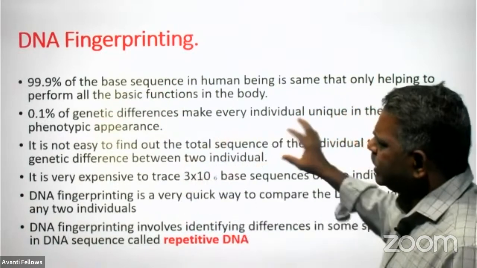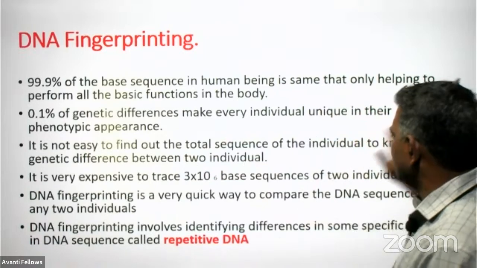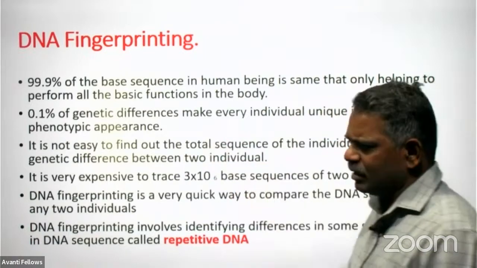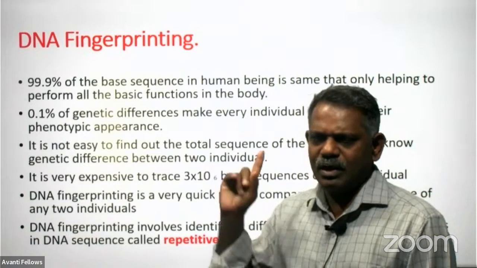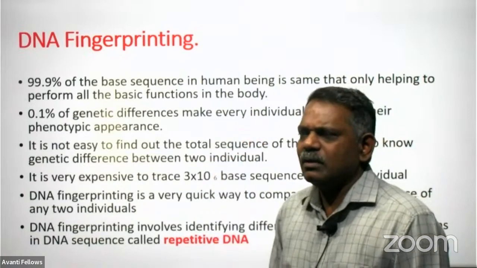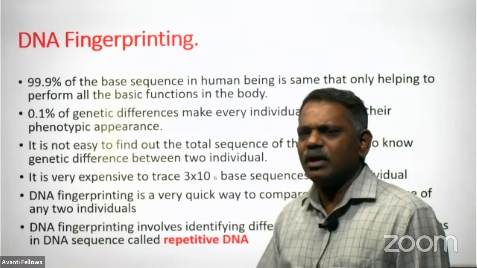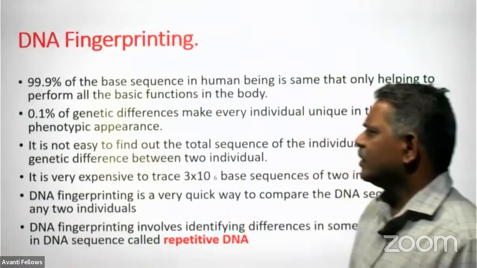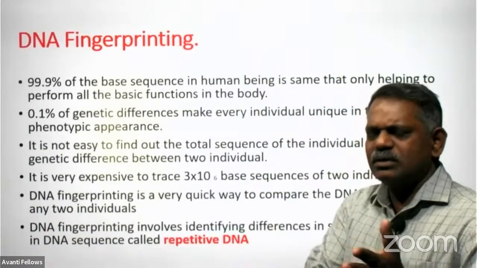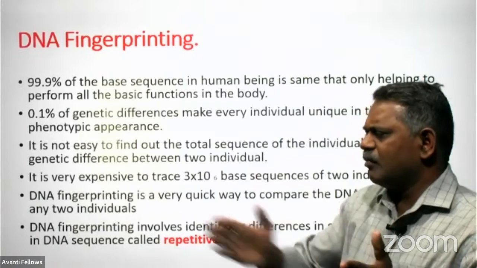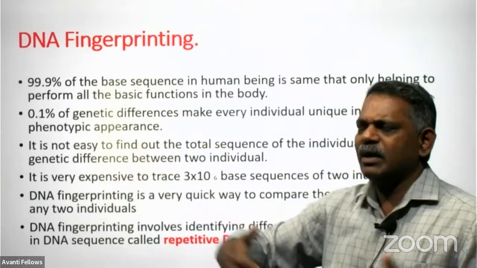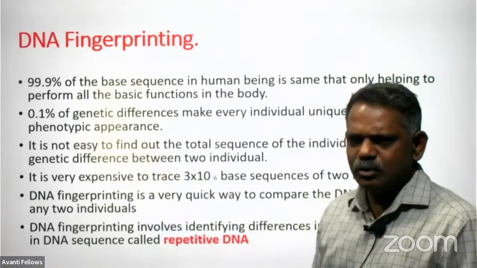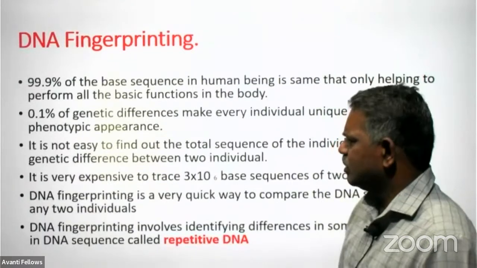So it is not easy to find out the total sequence of an individual to know the genetic difference. As I told you while discussing the Human Genome Project, it's very costly and requires a lot of time. It is very difficult to sequence the entire length of the DNA from one end to another and compare two persons to identify them.